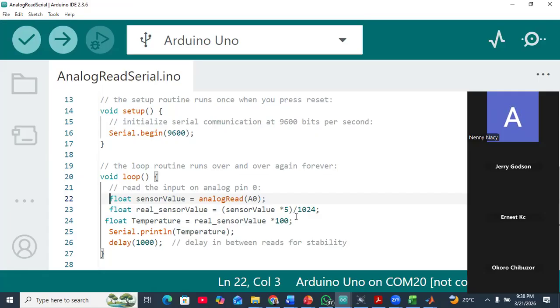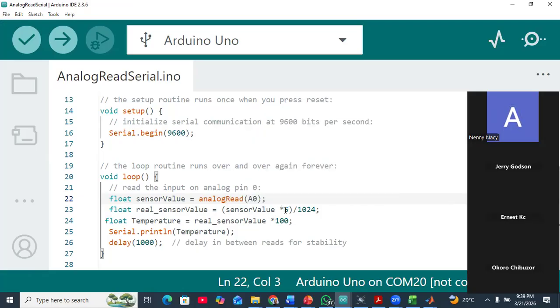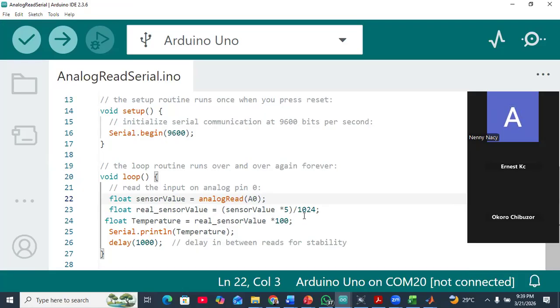So we want to break it down to 0 to 5. So we multiply it with 5 and divide the whole thing with 1024, which is the analog to digital resolution.